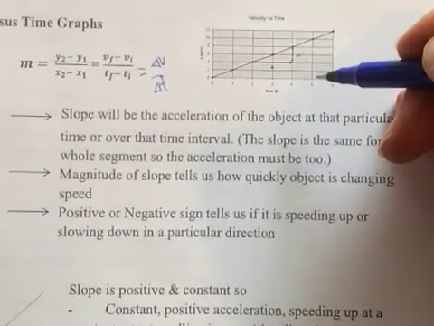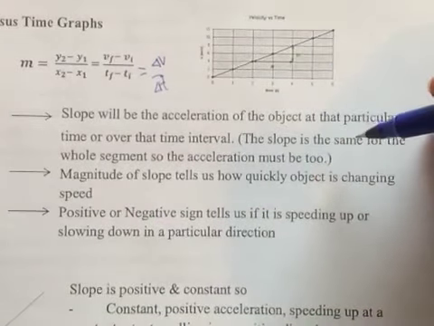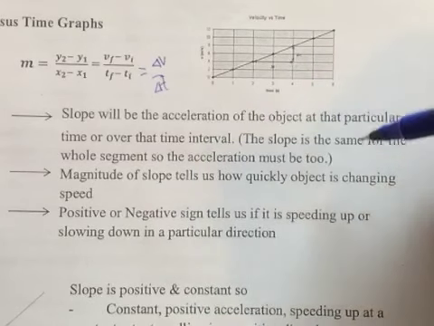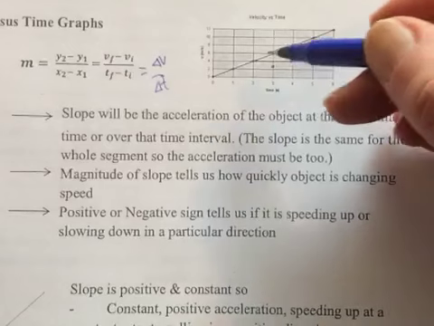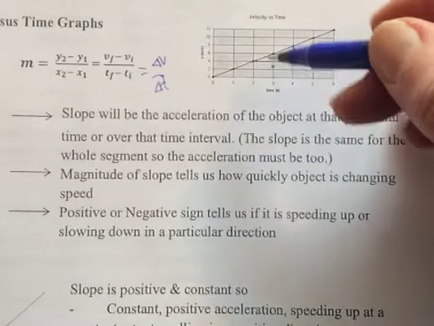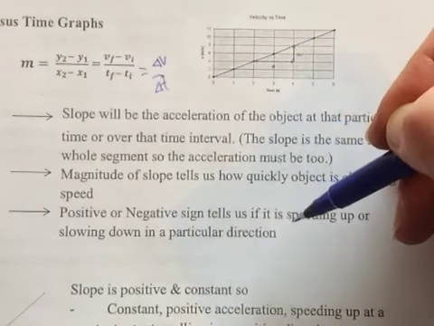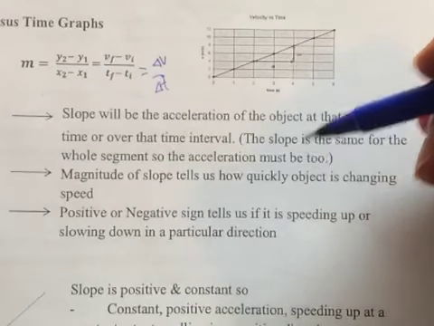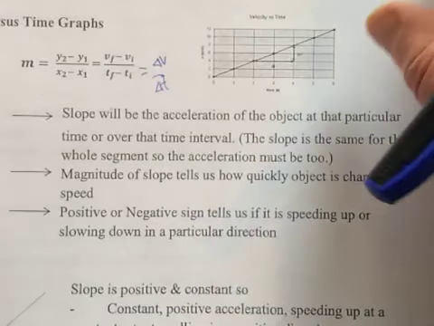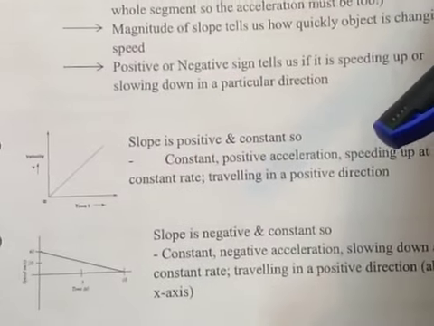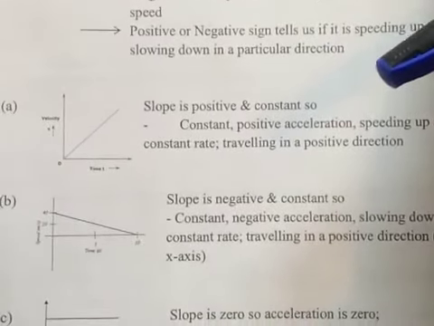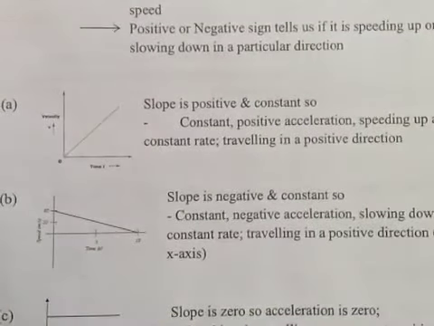And just like for the displacement versus time, if the slope is the same for the whole segment, then the acceleration must be too. The size of the slope tells us how quickly the object is changing speed. The positive and negative sign will tell us if it's speeding up or slowing down in that particular direction. And so just like with the displacement versus time graphs, we have a whole bunch of different graphs that we can take a look at.